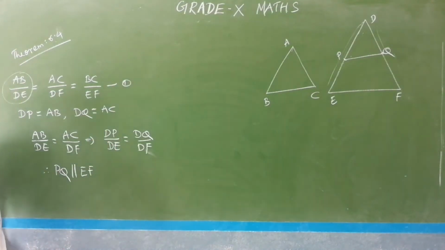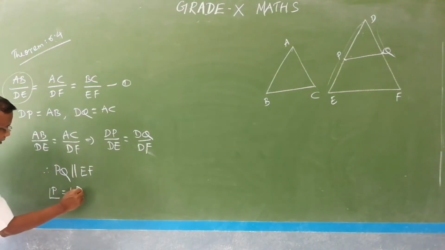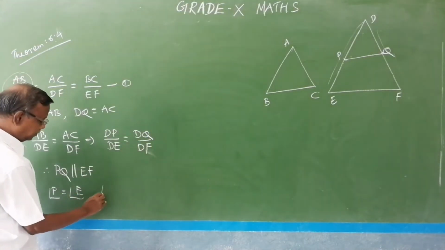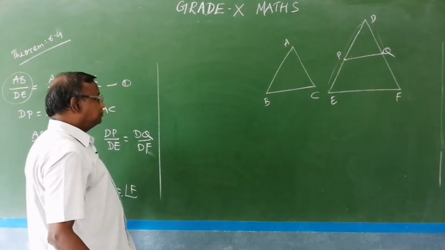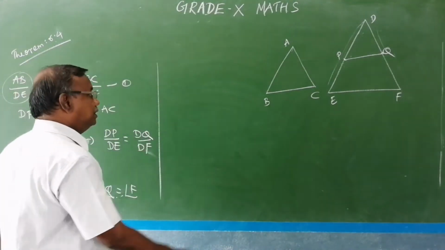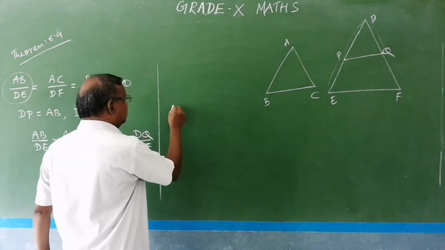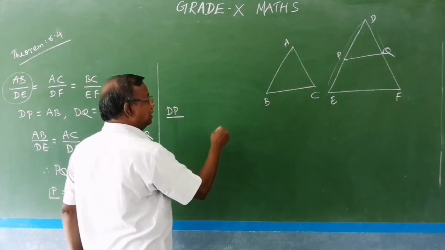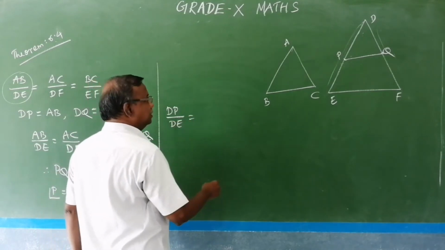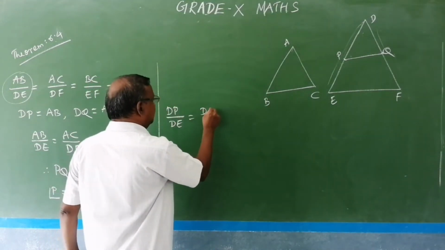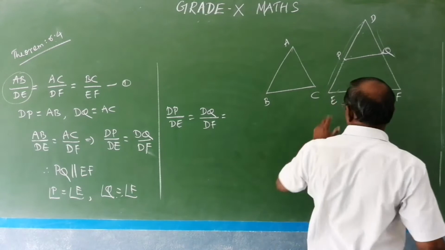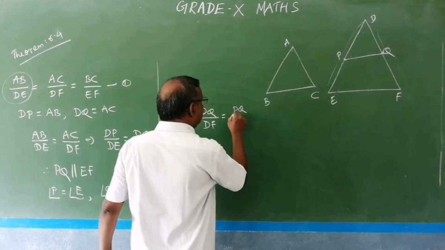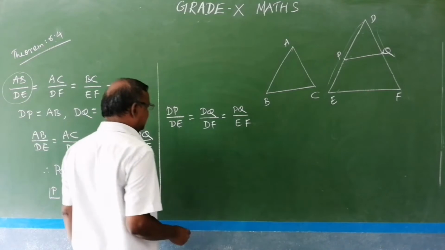If PQ is parallel to EF, then angle P equal to angle E, and angle Q equal to angle F. Once again let us recall, DP by DE equal to DQ by DF. Since these two angles are same, therefore we have PQ by EF.